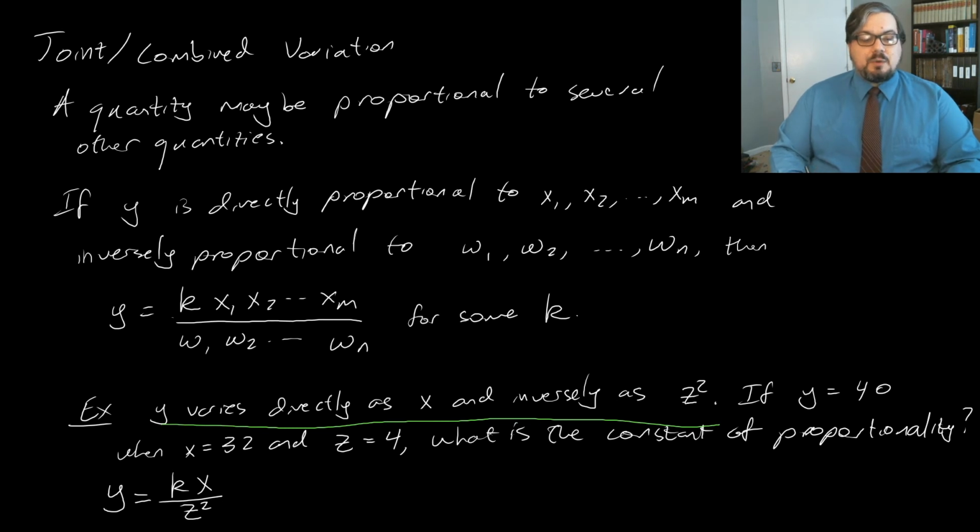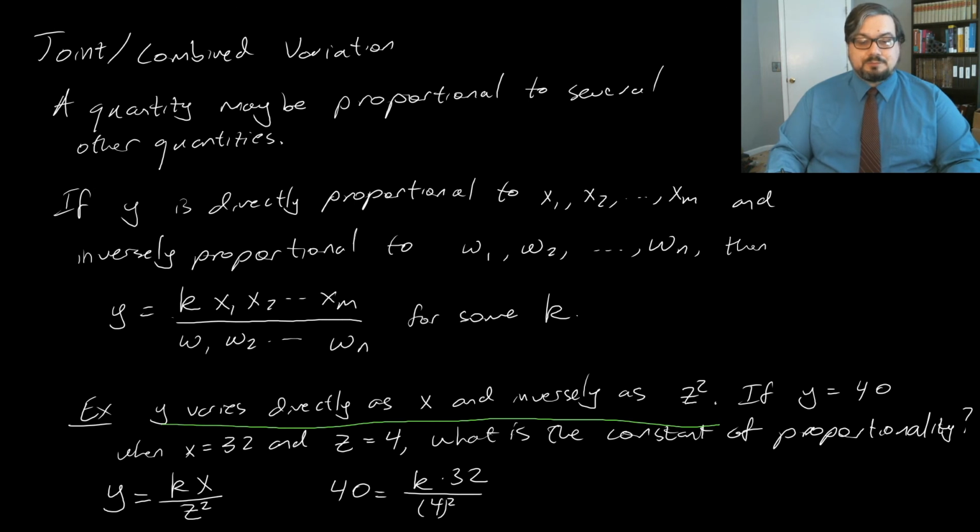So we have this equation, and we know everything about one particular point in possibility space. We know that if x is 32 and z is 4, then y is going to have to be 40.